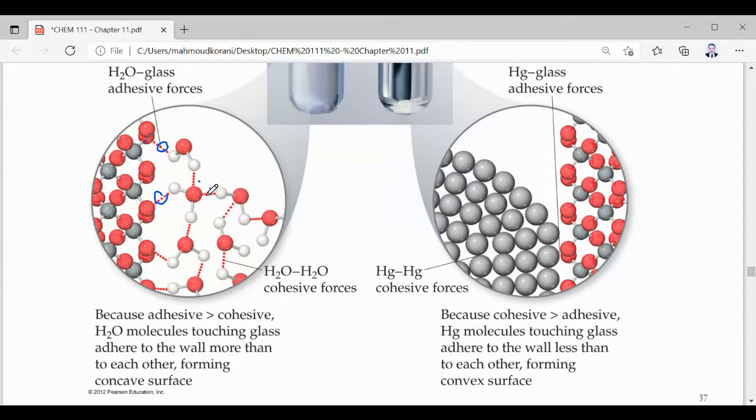If these forces are greater than this force, you end up with the meniscus in the U shape. While for the mercury, these are the cohesive forces between mercury atoms, which are greater than the adhesive forces between mercury and glass. So you end up with the inverted shape.